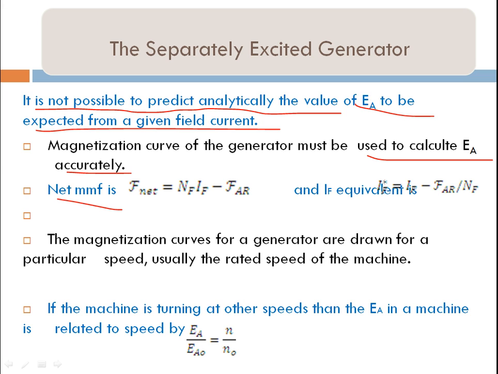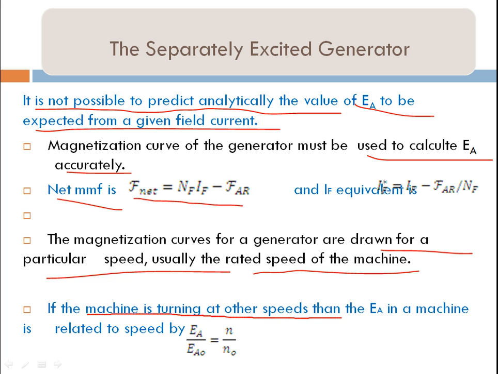Net MMF is F net equals NF IF minus F AR, and the equivalent field current can be measured from that. The magnetization curve is drawn for a particular speed, the rated speed of the machine. If the machine is turning at another speed, then EA is related to speed by EA over EA0 equals n over n0.